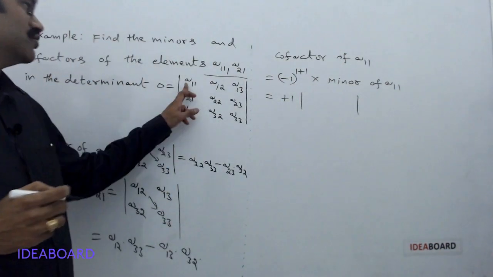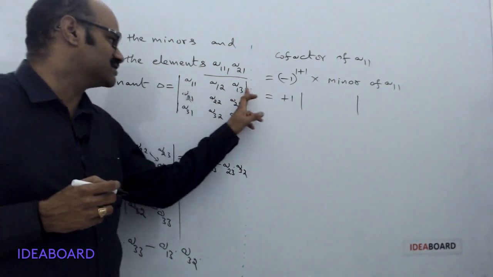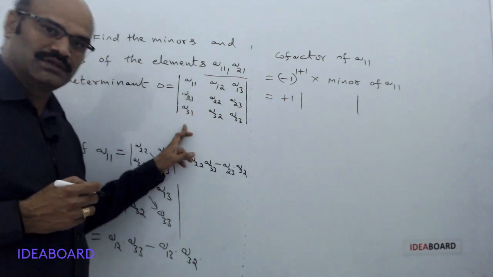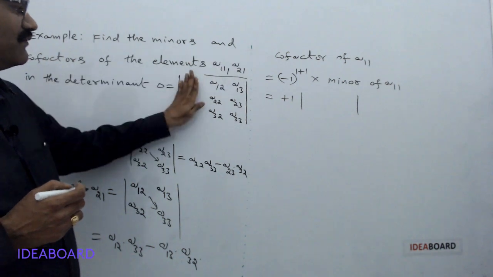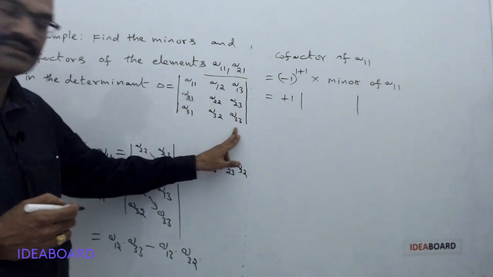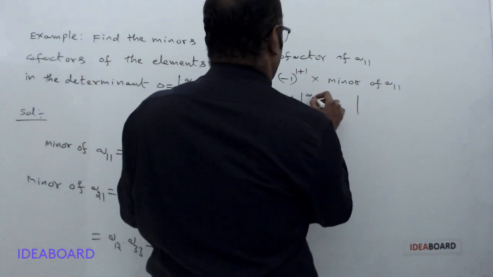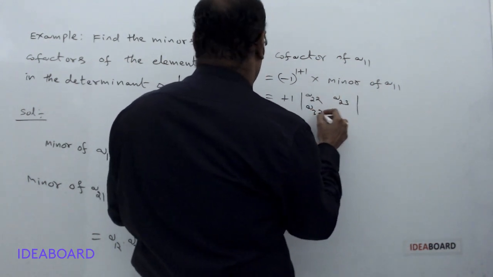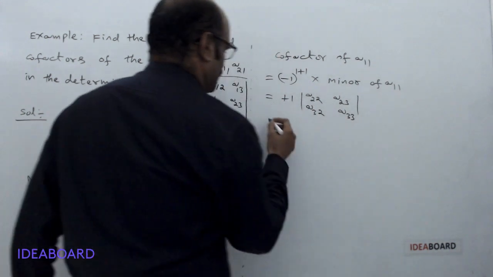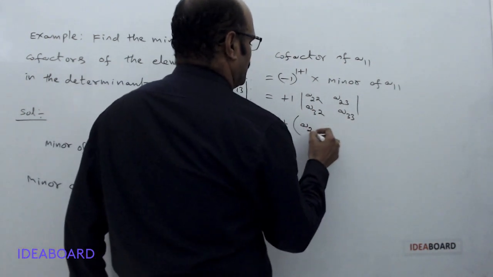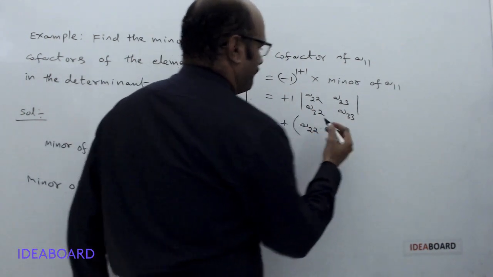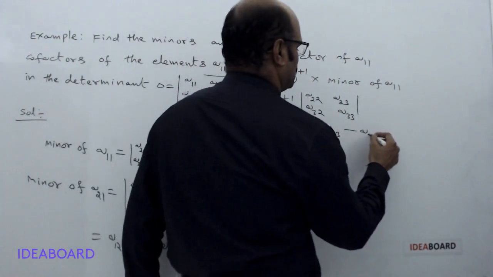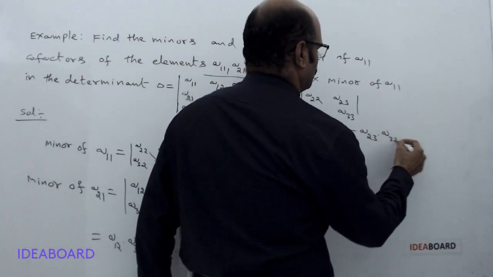Removing the first row and first column, we have the four elements A22, A23, A32, A33, so it equals plus of A22 into A33 minus A23 into A32.